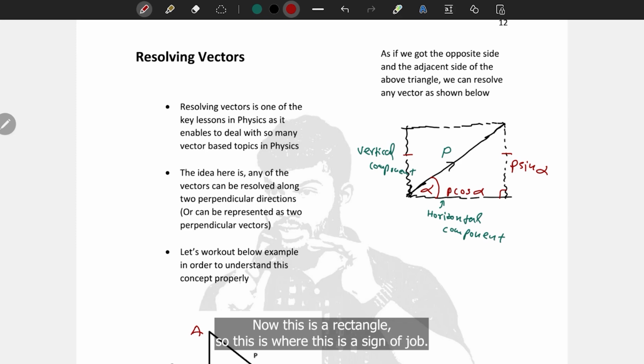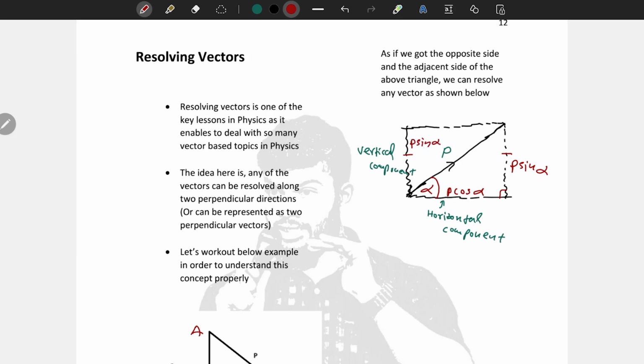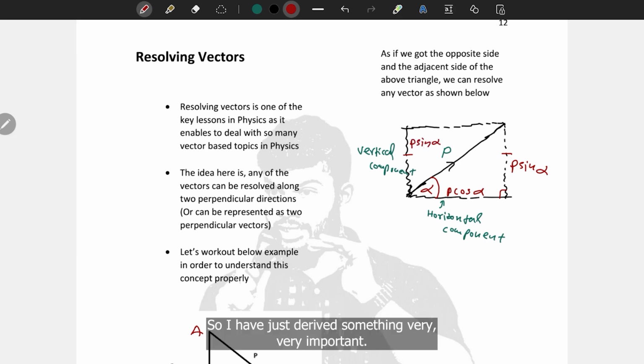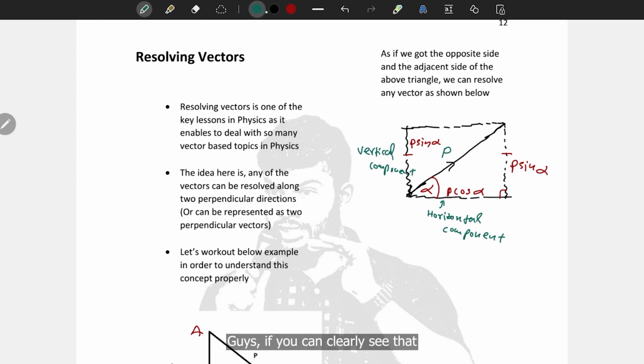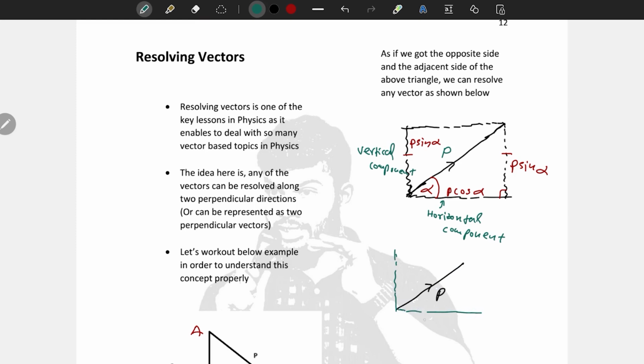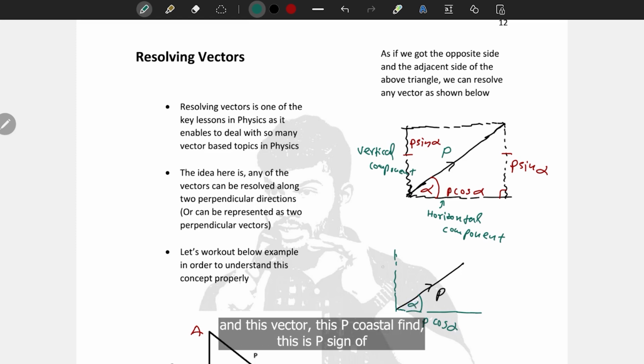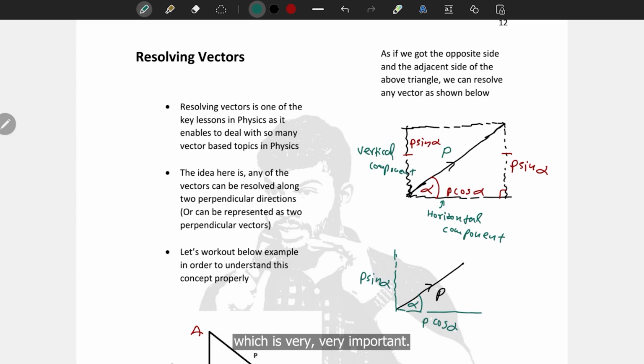When this is P sin alpha, this side is also P sin alpha, right? So I have just derived something very important, guys. When this vector is P, in terms of this angle, this is P cos alpha, and this is P sin alpha, which is very important.